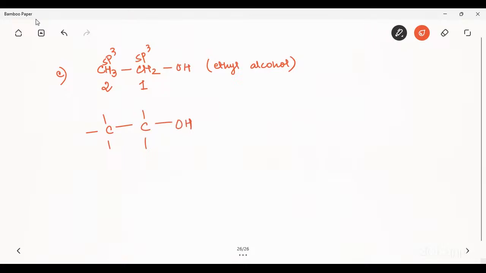Here hydrogen, hydrogen, hydrogen, 3 hydrogens, here 2 hydrogens, and this is OH. So both carbons are sp3 and this is also sp3. So this is one of the questions that has been asked in the exam. Apart from this, no other question has come in your exam from the periodic table.